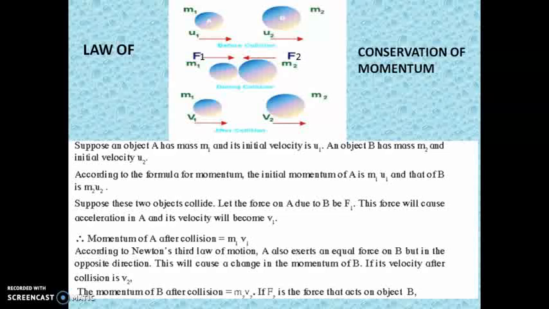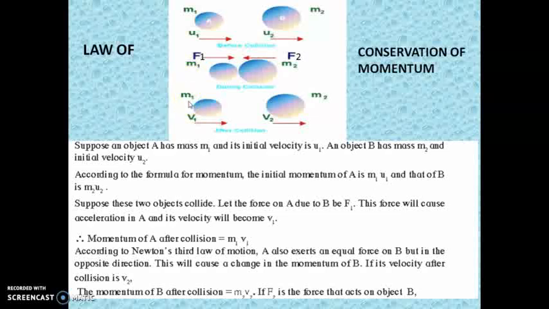Acceleration is change of velocity, so from initial velocity u1, the velocity has become v1. The momentum after collision is again mass times velocity, so for object A it is m1v1. So from m1u1 to m1v1.